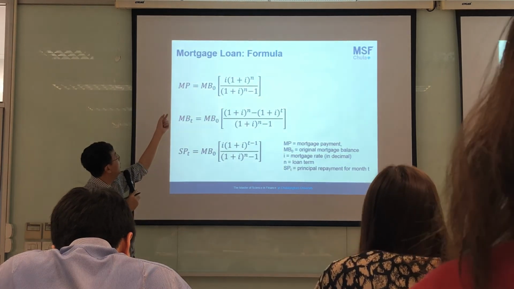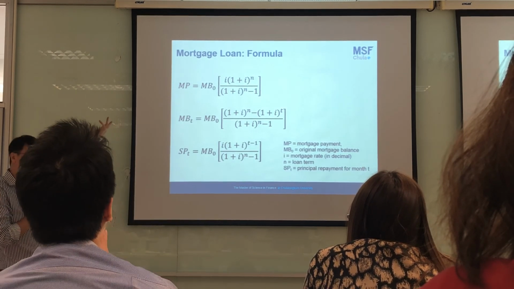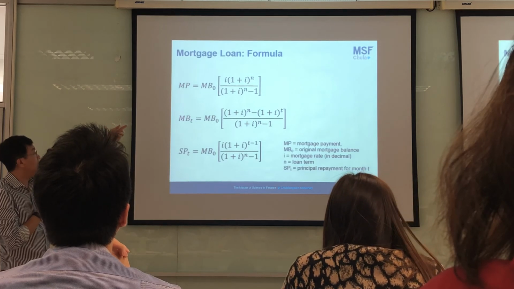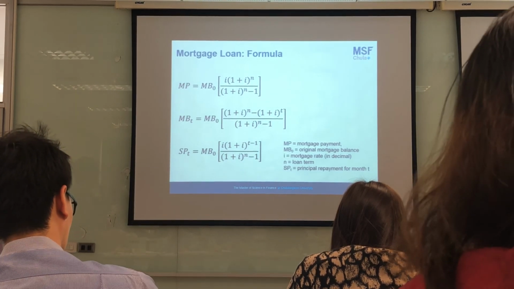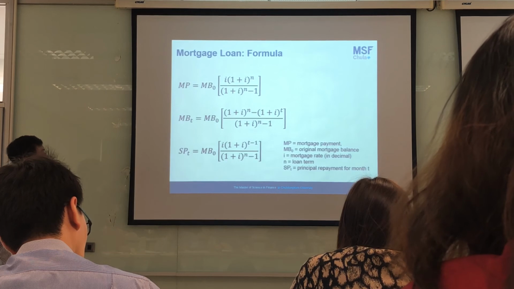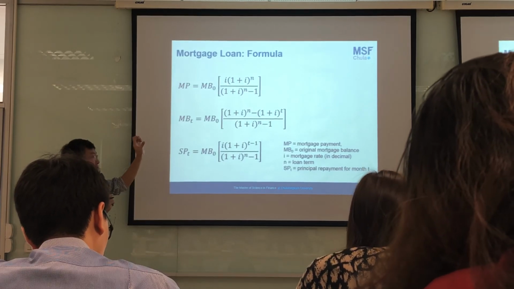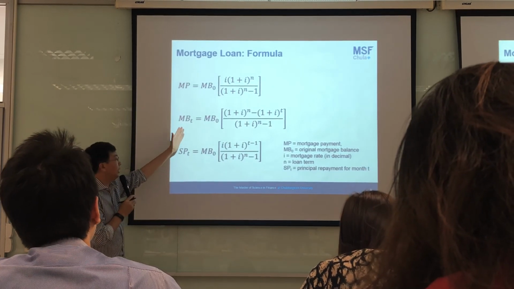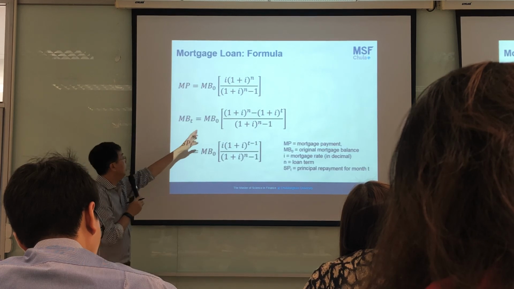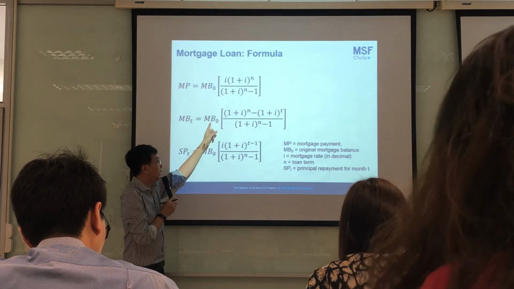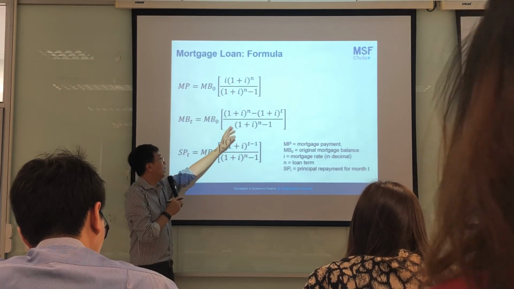With the first formula, you can estimate the PMT, the monthly payment, which is equal to the PV or MB0, the original mortgage balance. With the second formula, you can estimate the loan outstanding at any month t, equal to the original loan outstanding, in our case 200,000, multiplied by this term.